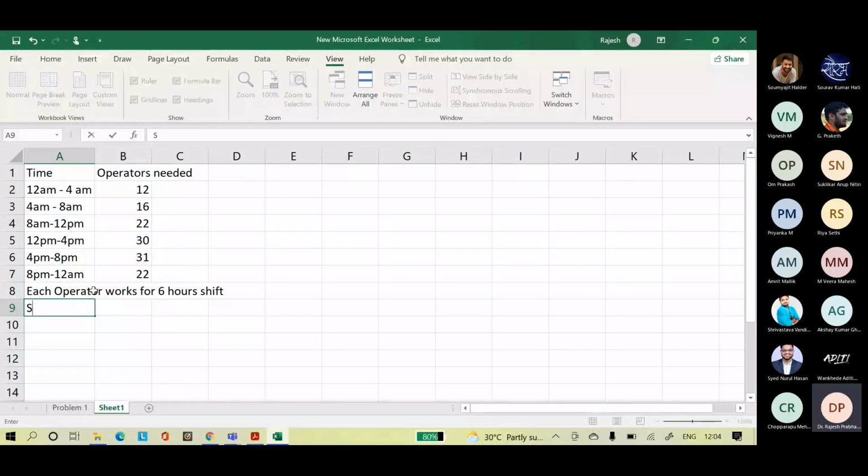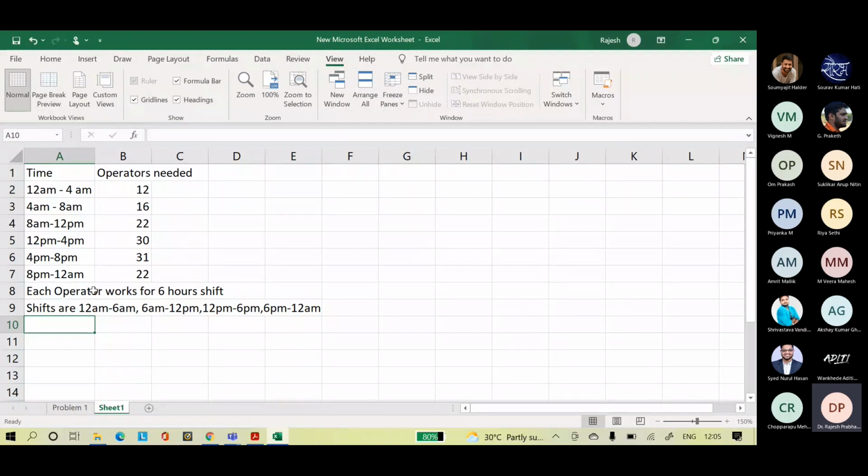So the shifts are 12 a.m. to 6 a.m., 6 a.m. to 12 p.m., 12 p.m. to 6 p.m., and 6 p.m. to 12 a.m. So these are the 6-hour shifts, and the minimum operators needed per shift are given above.